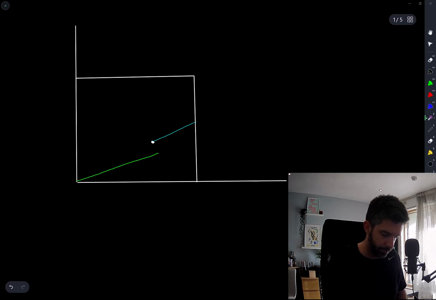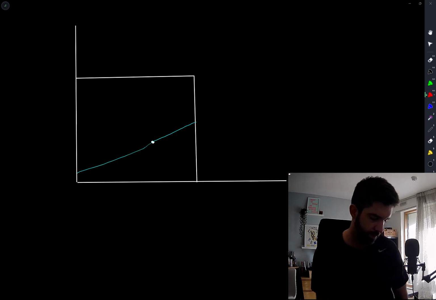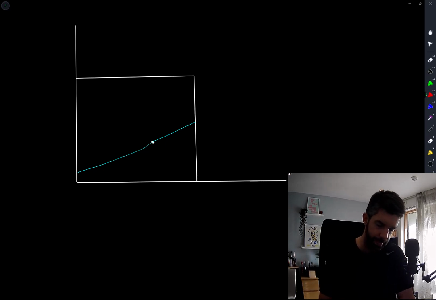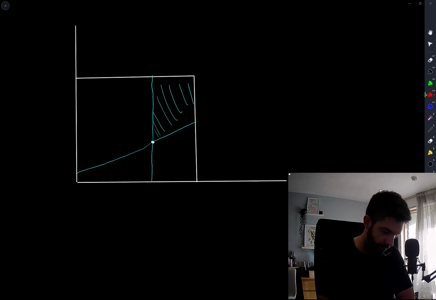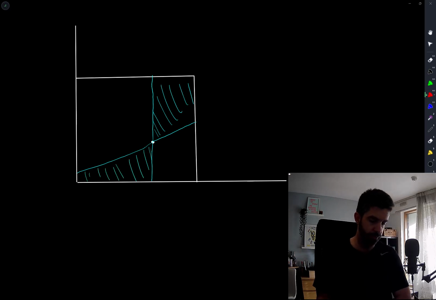So I guess it intersects above, like that. So if my point is generated anywhere in there, the slope will be greater than a half.